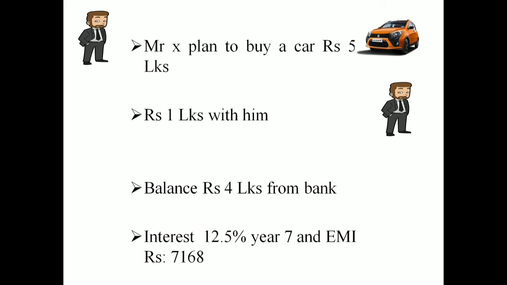This is the situation: Mr. X is purchasing a car for rupees 5 lakh, with 1 lakh from his own funds, and the balance taken from a bank at 12.5% interest for 7 years, with an EMI of 7,168.